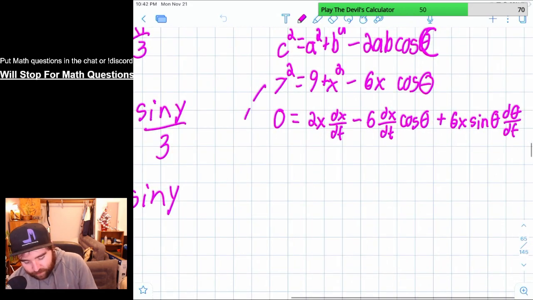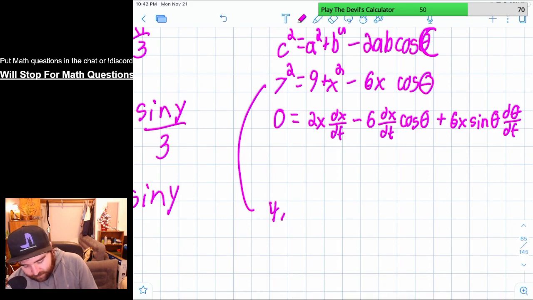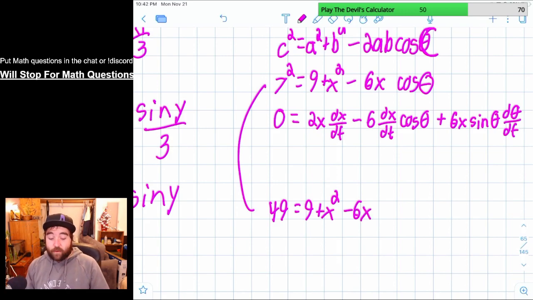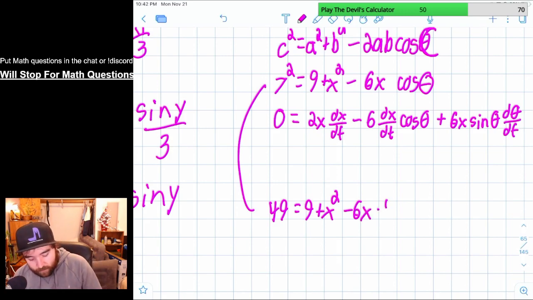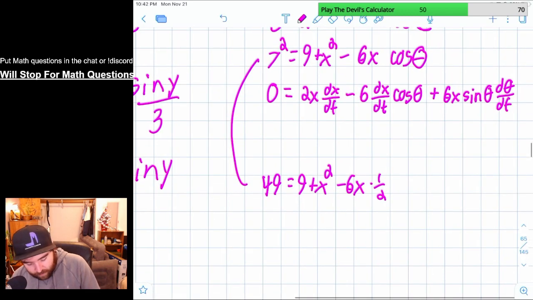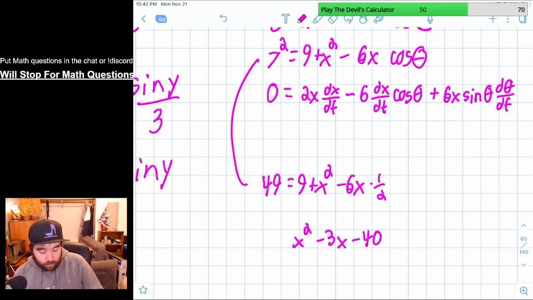Right. So we're going to use this equation, and we're going to say that 49 equals 9 plus x squared minus 6x times the cosine of pi over 3, which is 1/2. So then I get x squared, move it all to the same side. So x squared minus 3x minus 40 equals 0.